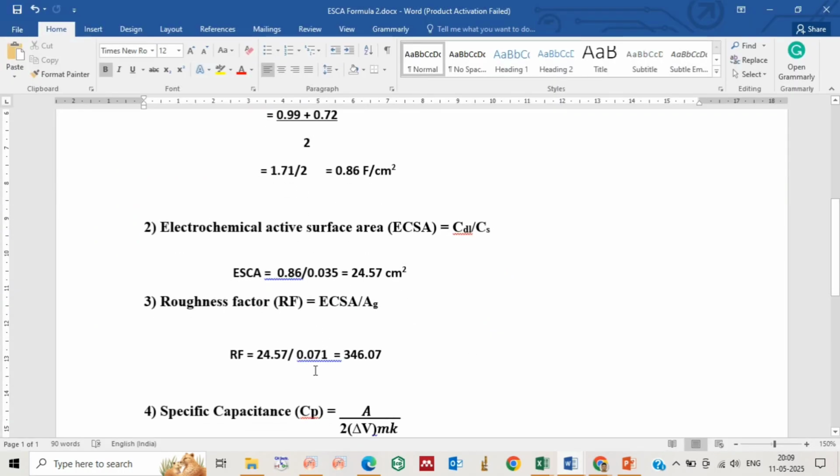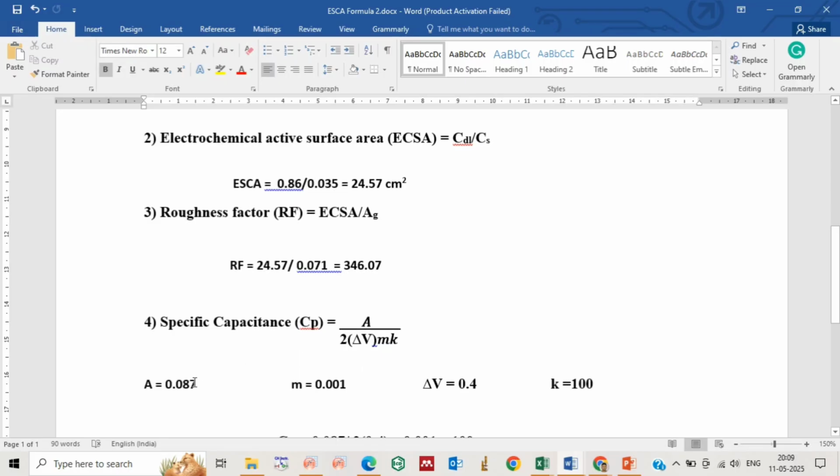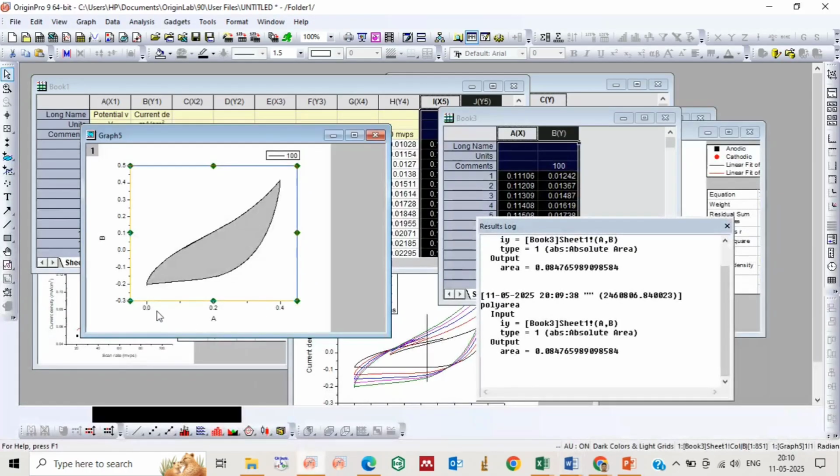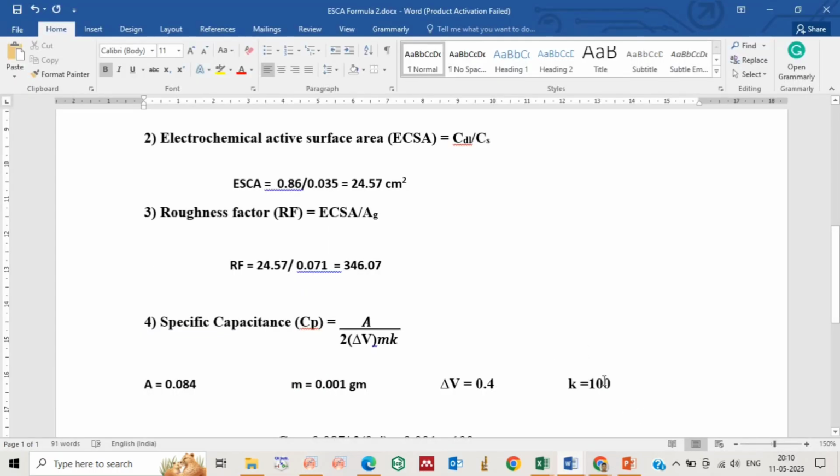Now we have the area, that is 0.084, and the catalyst mass I have taken here for the sake of convenience is 1 mg, and here we need to take it in grams, so that's why we take it as 0.01 gram. And the voltage difference, as we have taken the potential from 0 to 0.4, will be 0.4, and the scan rate is 100.